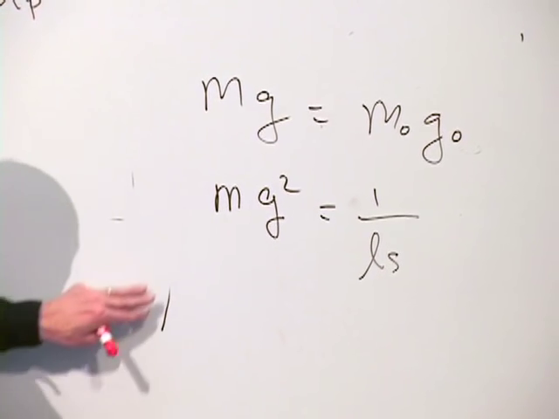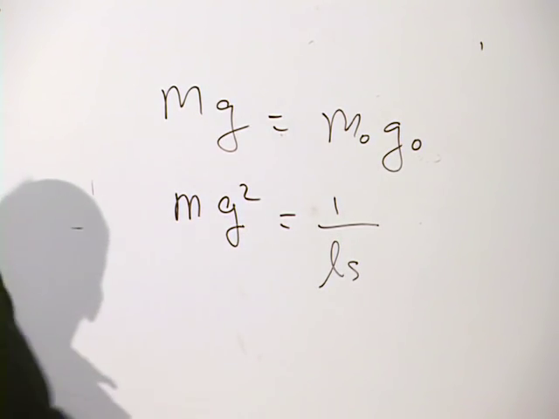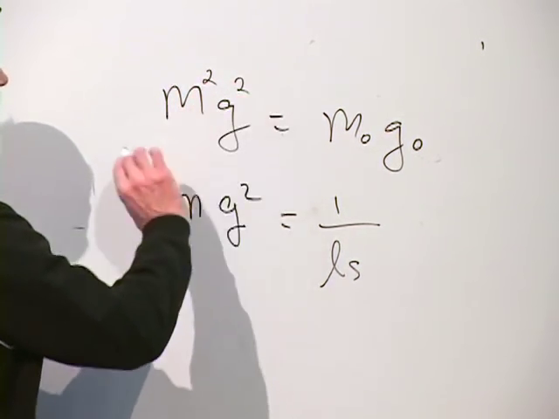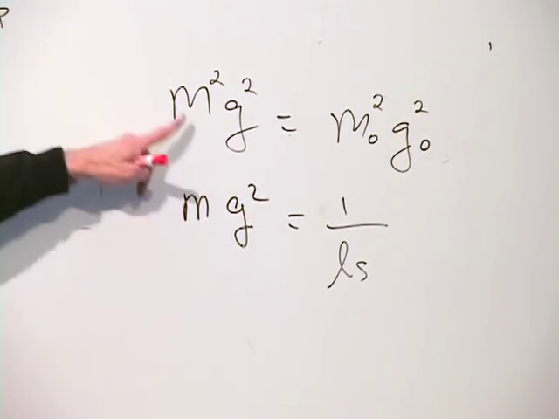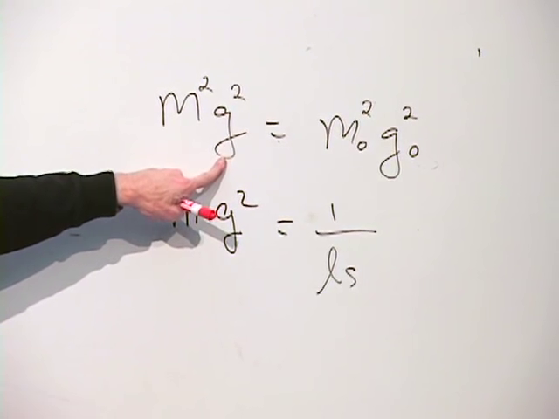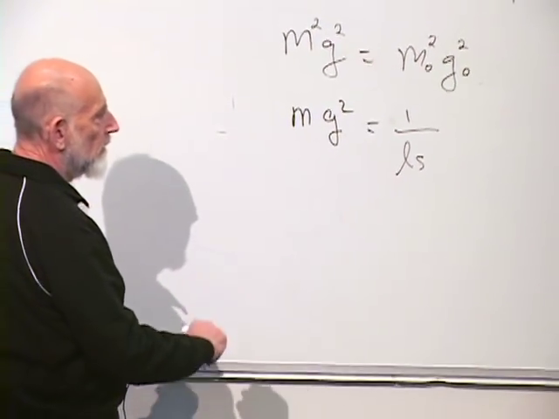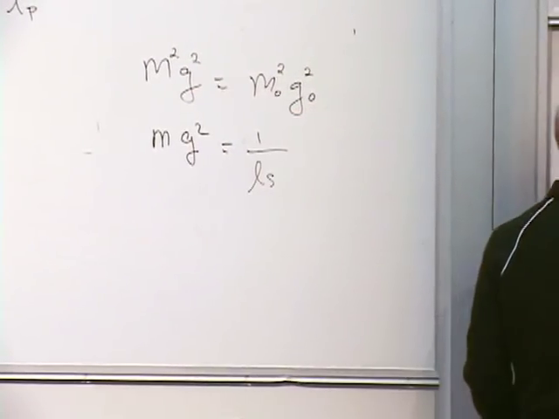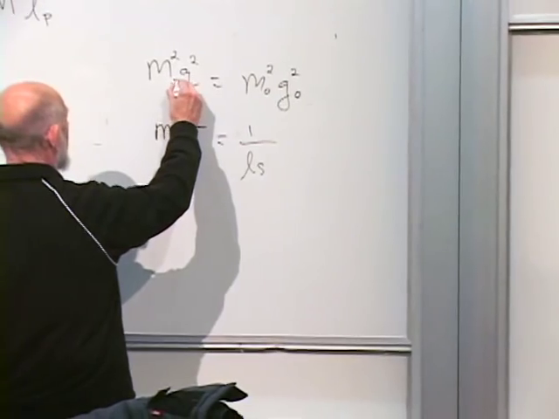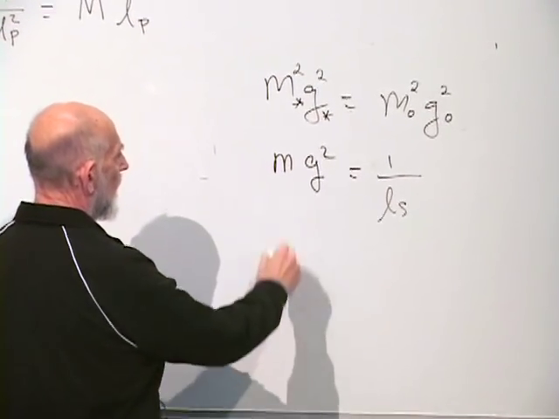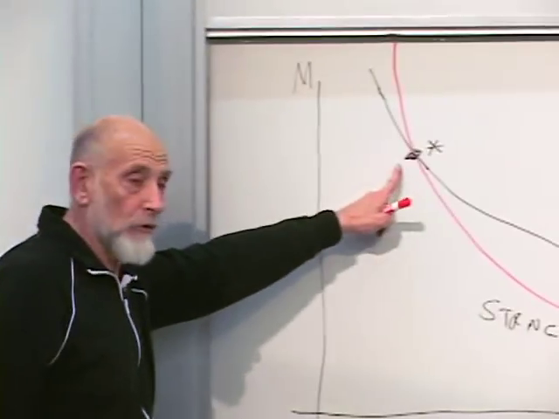Right. Let's solve these simultaneously, by squaring this one and now dividing one by the other so that I get rid of g. The point at which they cross, maybe I should have labeled it the starred point, and called it m star and g star, namely the values of m and g at the crossover point.